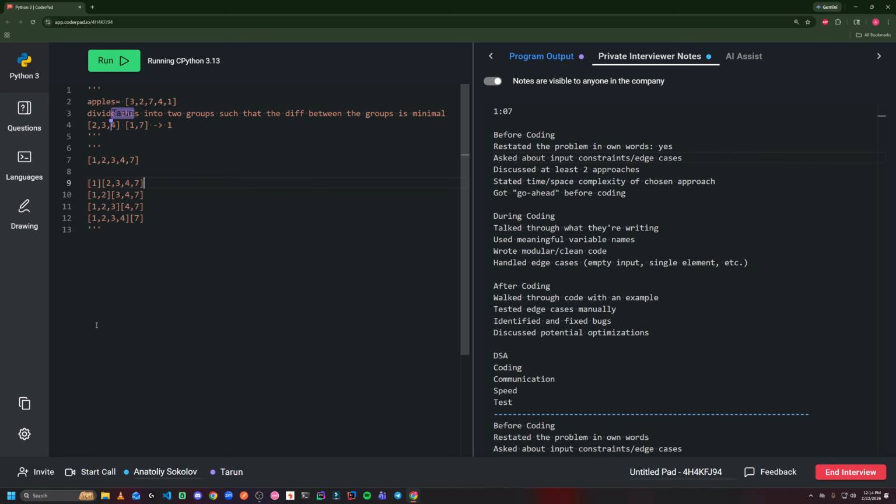From the above example, we need to split because here you can say 1, 2, 3 and 4, 7. It's not matching. So divide this into two groups. I'm just thinking about how to approach it. So one thing I think maybe I need to clarify is the groups don't need to be adjacent.